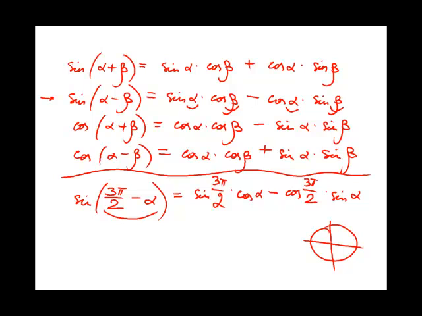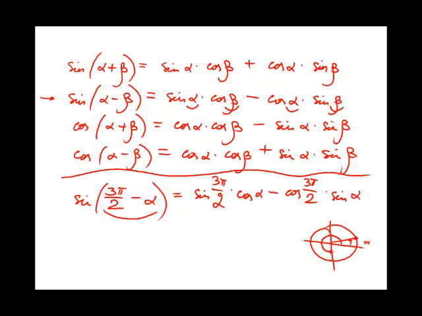Here's alpha. Where is 3 pi over 2 minus alpha? 3 pi over 2 is 3 times pi over 2. Pi over 2 is 90 degrees, the right angle, taken 3 times: 1, 2, 3.